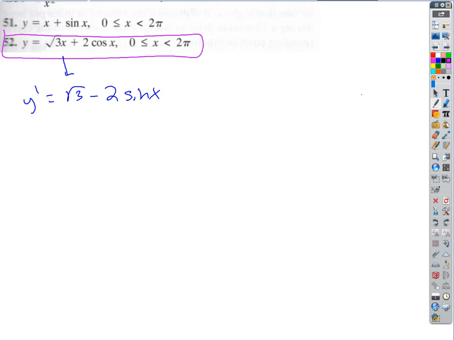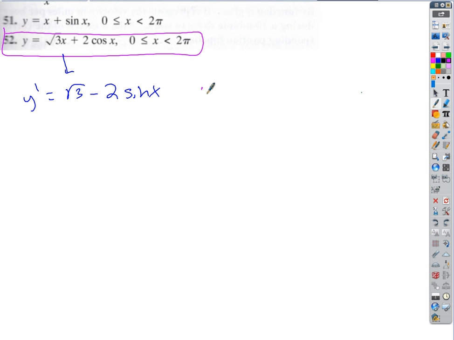So here's how I would communicate this then. We would say y prime equals 0 when the square root of 3 minus 2 sine x equals 0, and all we're doing then is solving for x, right?